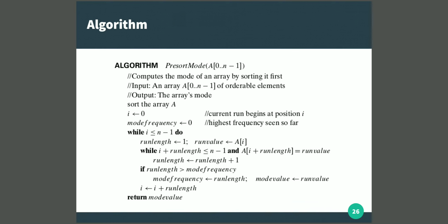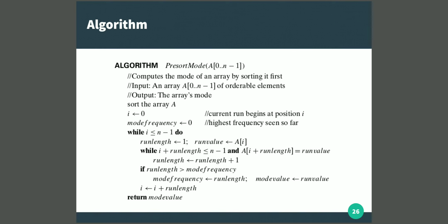After that, we initialize an index i to 0, where our current run is going to begin. We are trying to identify runs of successive elements which are identical to one another, and because we haven't started with our computations, we set the mode frequency also to 0.